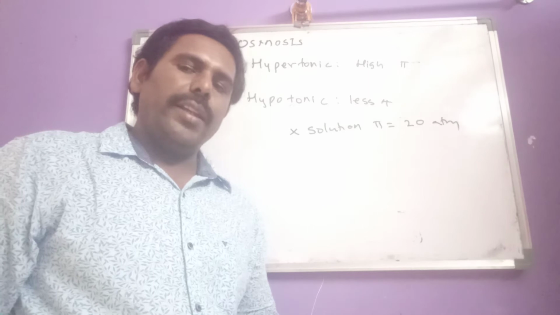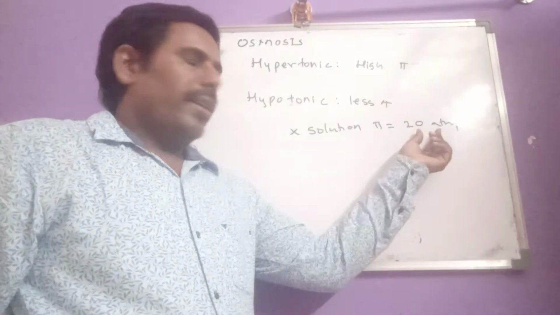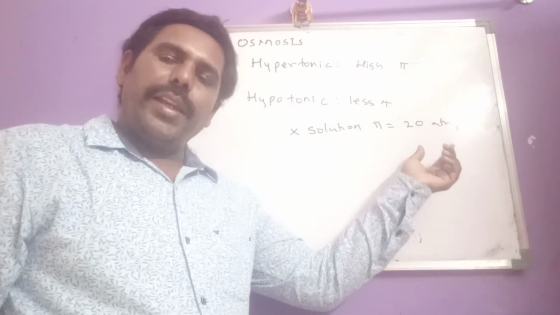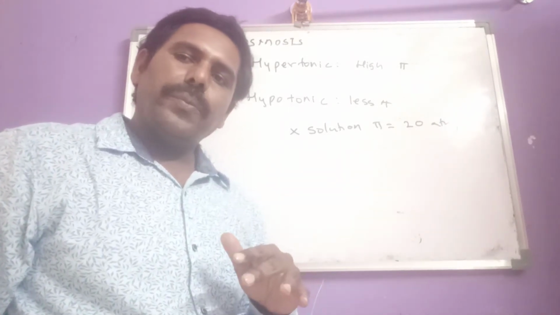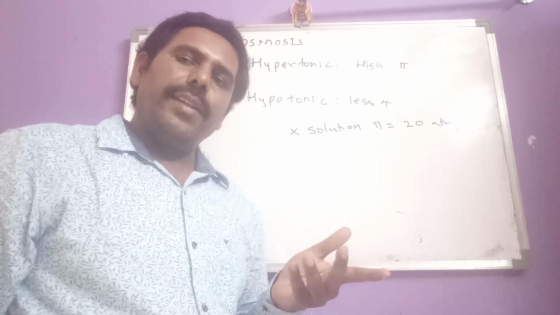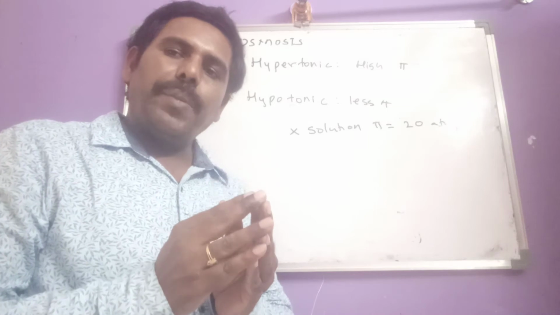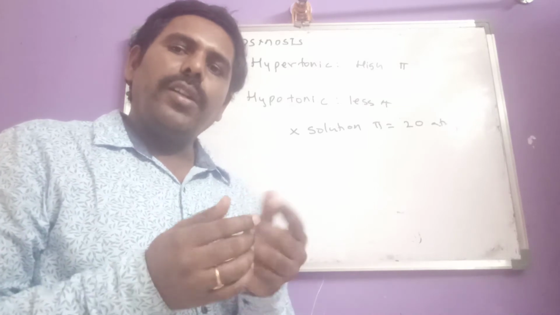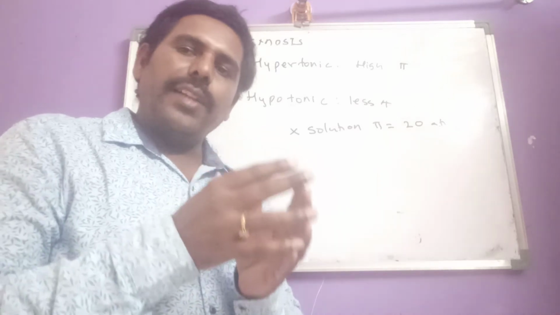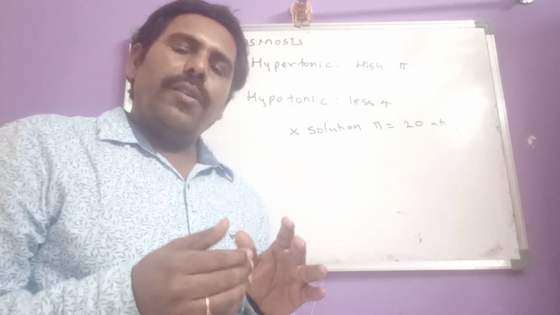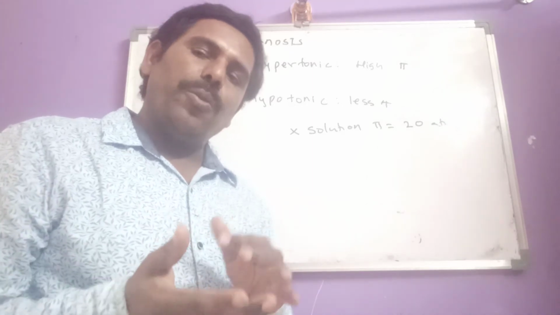So no one can give the correct answer, because is 20 atmosphere a high value or a low value? We can't decide now. For example, if one person X is having 20 lakhs rupees with him, will you say whether he is a rich person or poor person?